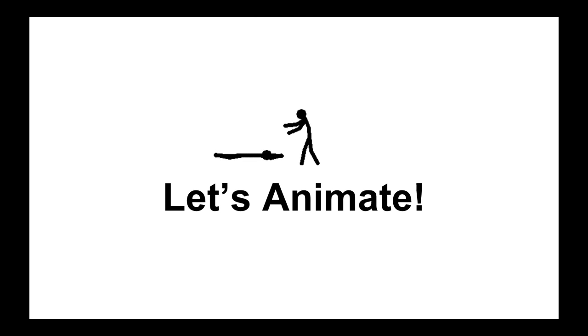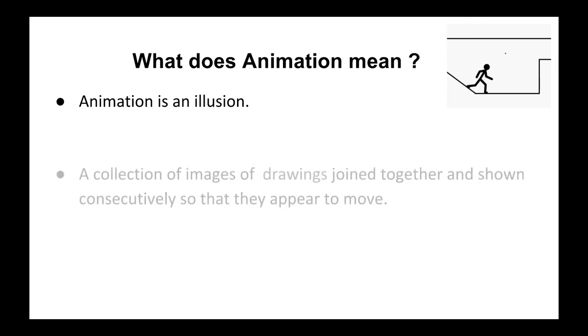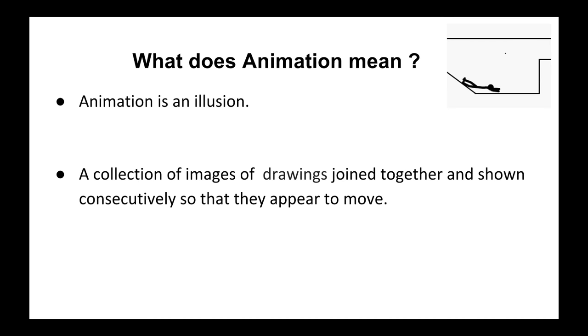And today, before we get started with our stick figure animation, let's learn some basics about animation, okay? Now, first thing is, what does animation mean? So, I would say that animation is an illusion because it is a collection of images that are actually shown sequentially or consecutively, and it appears as if they are moving together sequentially to create a video.